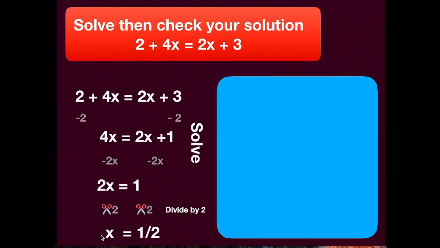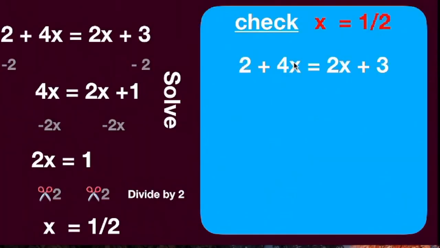So the checking uses x equals 1 over 2. Where do we check this? In the original equation. So write your original equation like this. And then substitute, plug, replace x by the value you got, half.